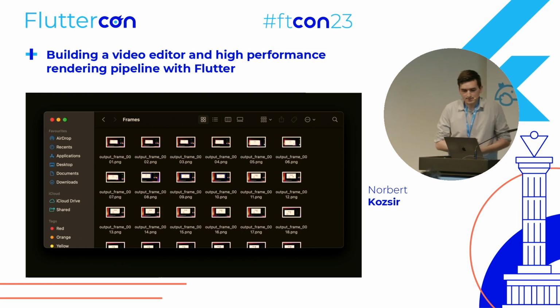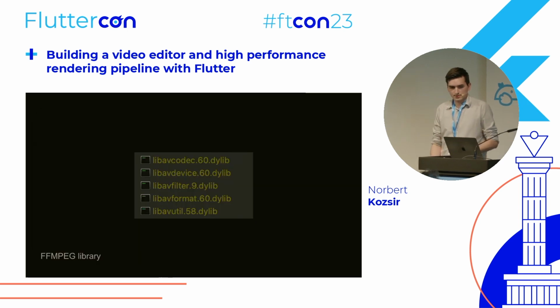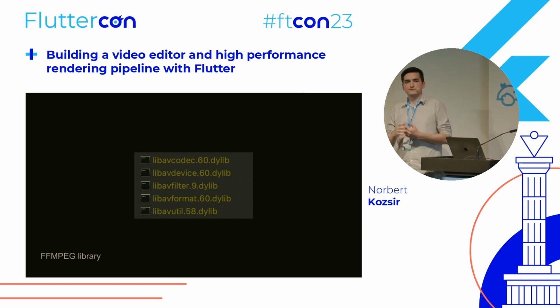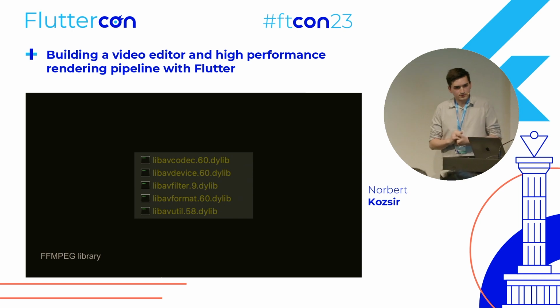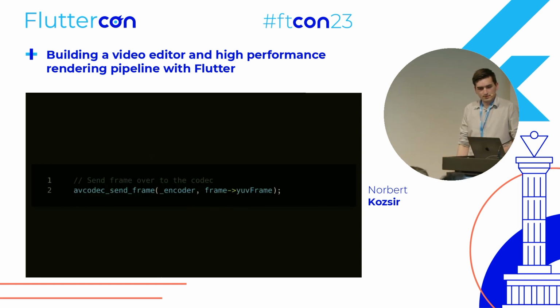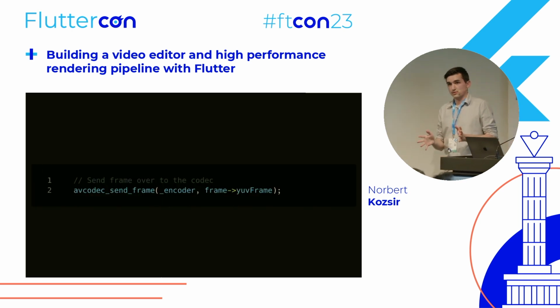And at the beginning, I said FFmpeg is a collection of libraries and programs. Up until now, we only used the CLI, but we can actually also use the library it provides. In this case, I use it as a dynamic library, which just exposes functionality to native code. And there's a bunch of boilerplate code around this.